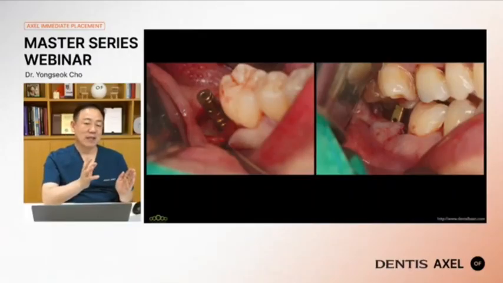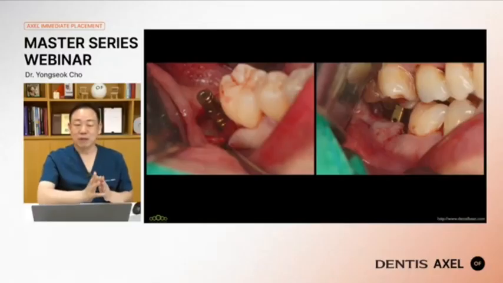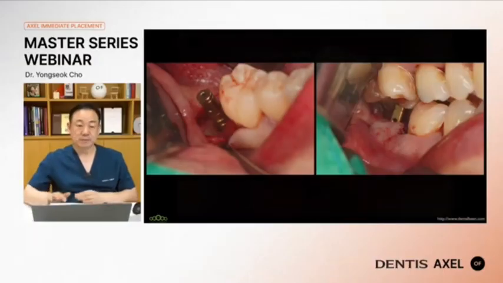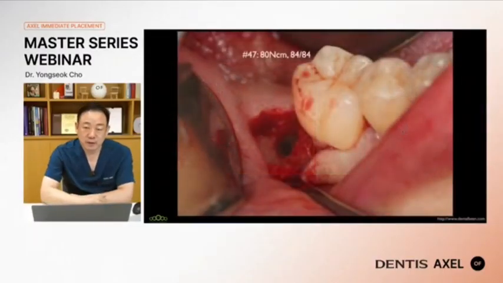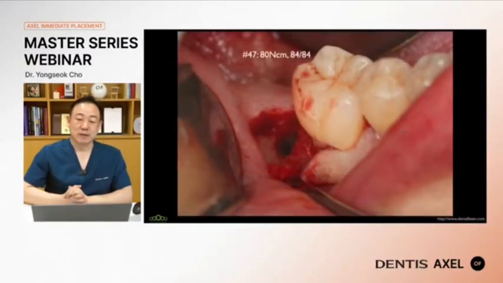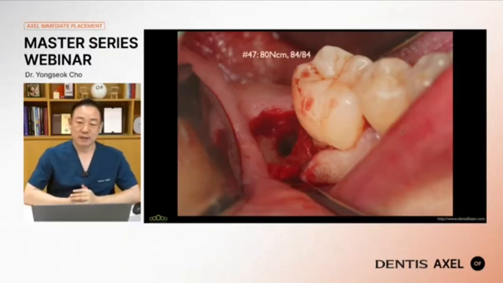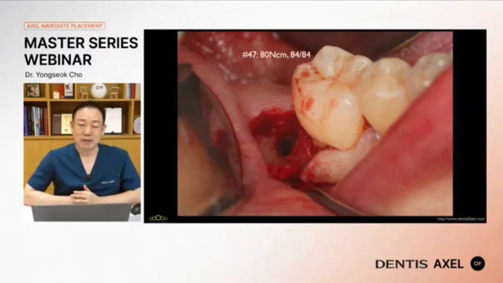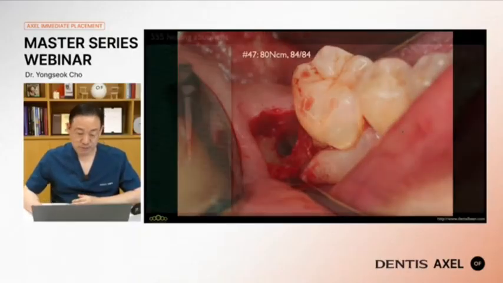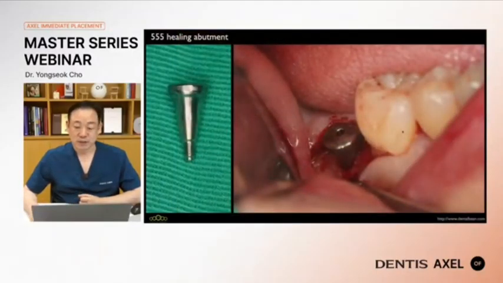Then imagine that path and try to make a good angulation toward the opposing dentition. Okay. Here I placed the implant deeply and I can get very strong primary stability. 80 Newton centimeter, ISQ value 84. Once the surgery was done, I connected the healing abutment.